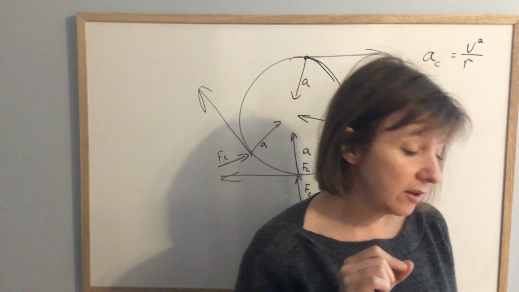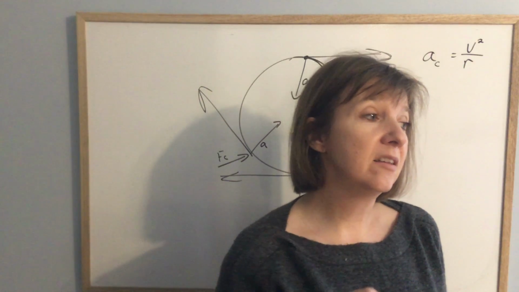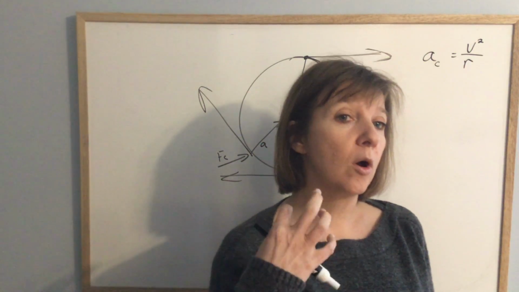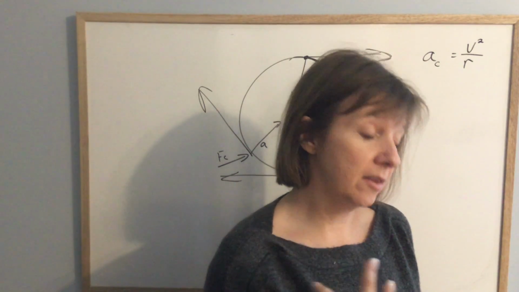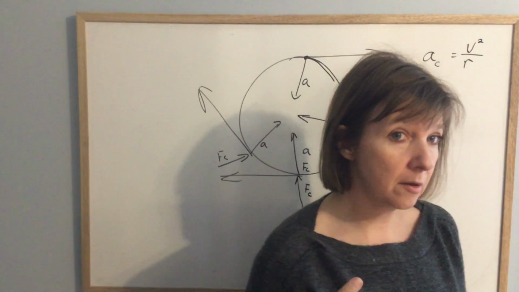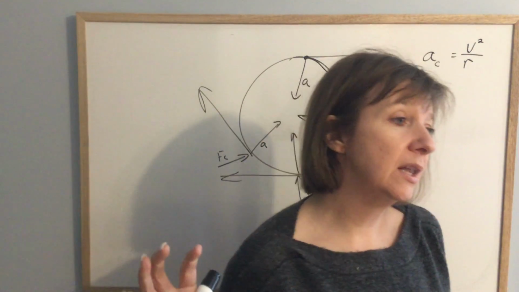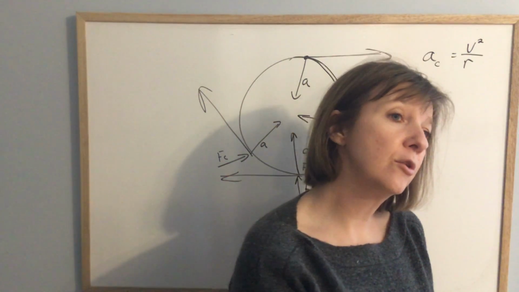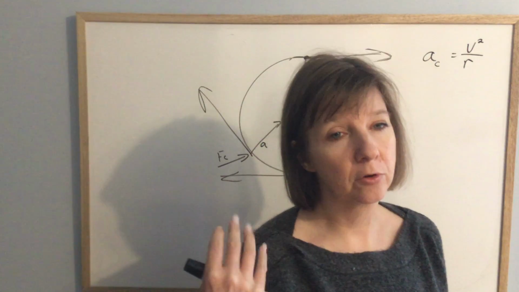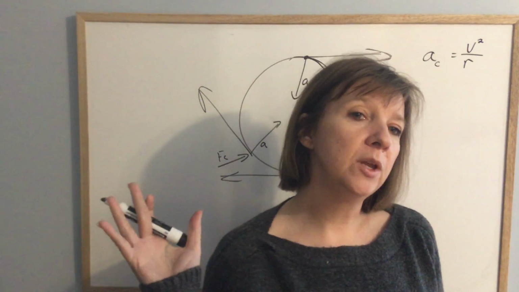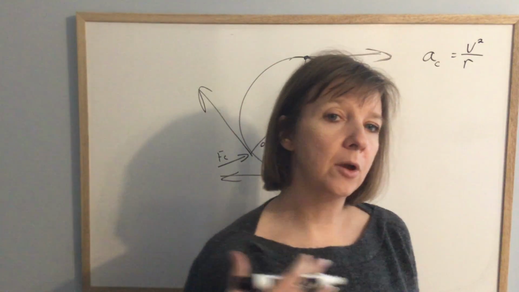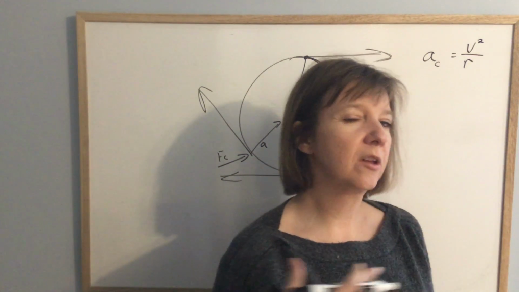Now, a centripetal force is supplied by or caused by another type of force. Why does something go in a circle? For example, we know that the planets move in a circular, not really circular, it's really oval, but we know it's an ellipse. But we know that they go in a sort of circular path.